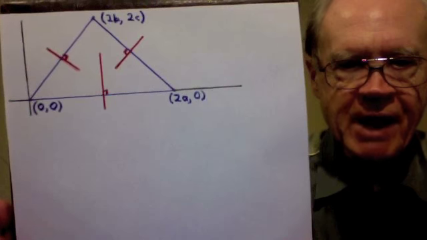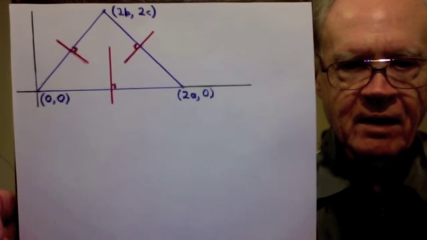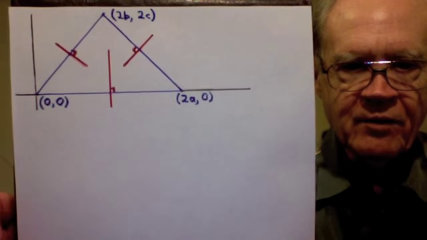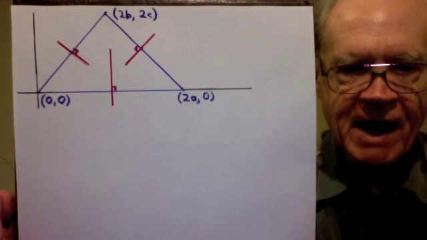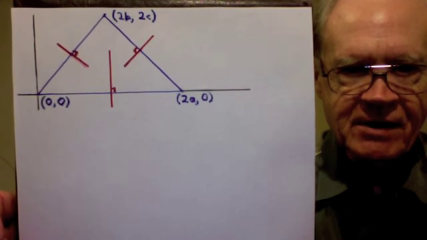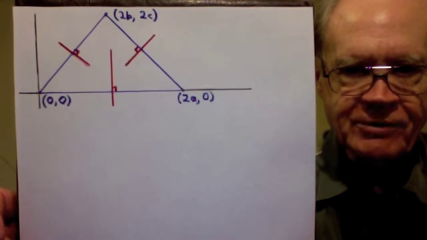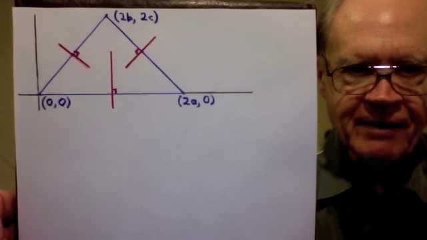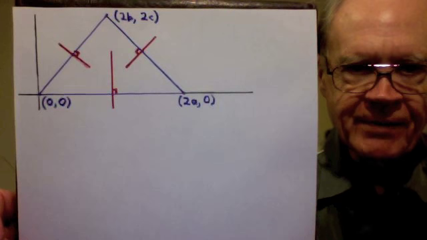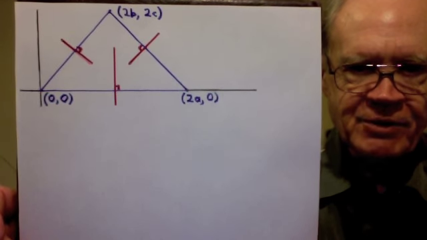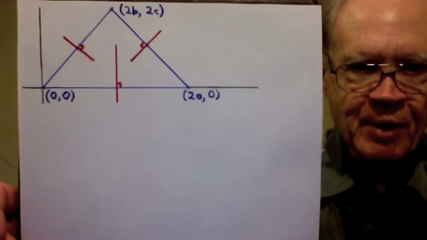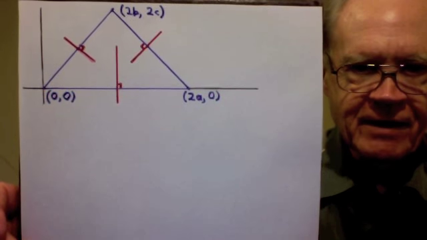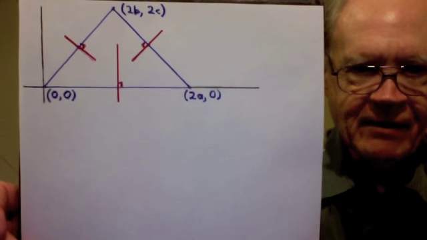In that challenge, I present a triangle in the coordinate plane with its bottom side along the x-axis going from 0, 0 out to 2a, 0, and its top vertex having coordinates 2b, 2c. And I'm showing here in red the perpendicular bisector of each side of the triangle.